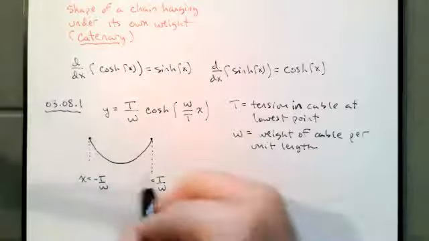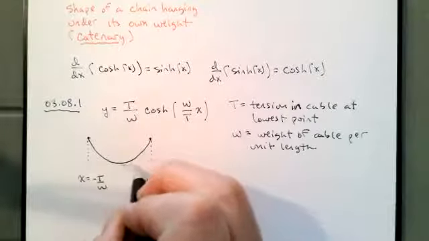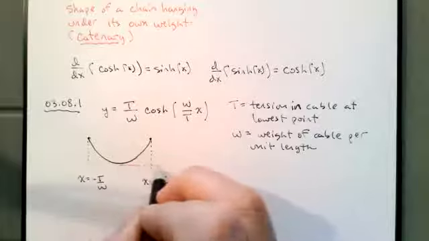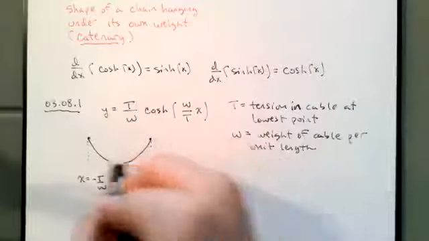So the sag of the cable is the difference between the highest and lowest points.